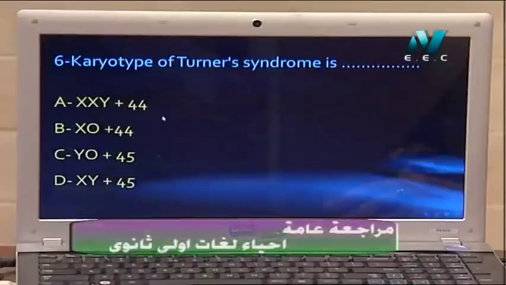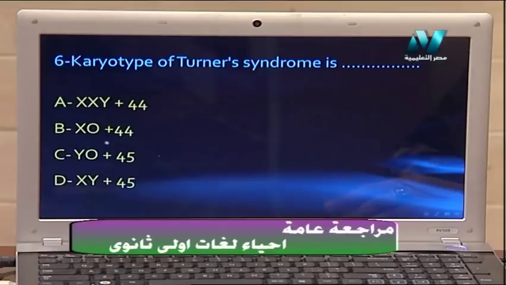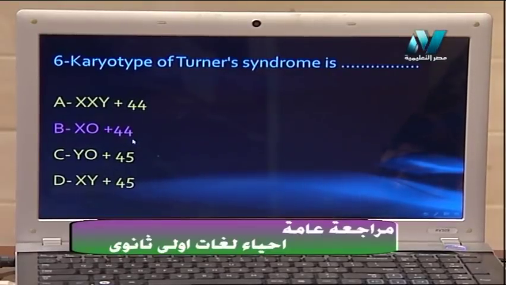When you look to the question, we have 4 choices here: 44 plus XY, 44 plus X0, 45 plus Y0, and 45 plus XY. Of course, the correct answer will be 44 plus X0. The total number here will be 45.